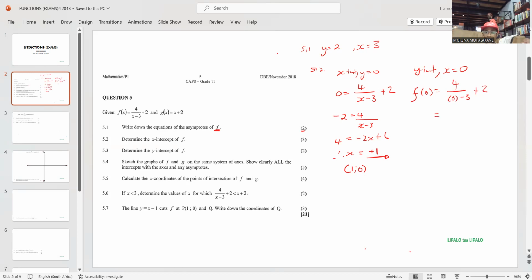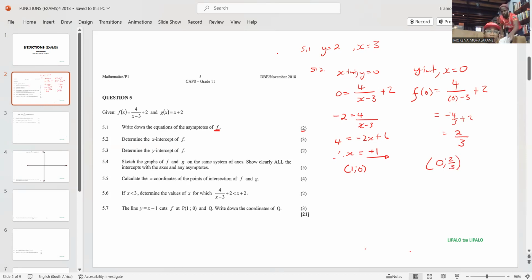This is going to give me -4 over 3 plus 2, which is 2 over 3. So when x is 0, the value of y is 2 over 3. Those are the intercepts. And then we get to do the sketch.